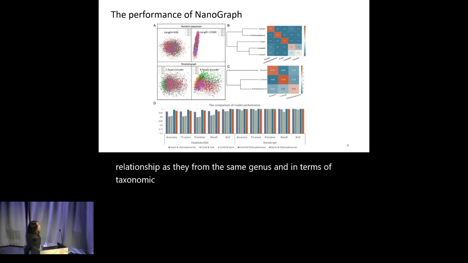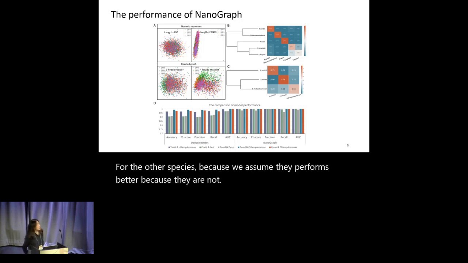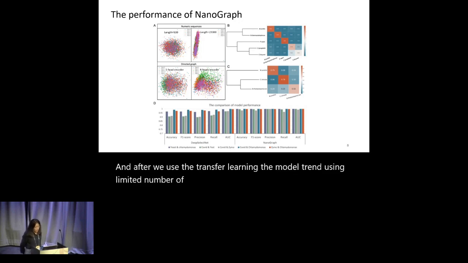For the other species, we assume they perform better because, for the top 2, they just share the same order instead of the genus. After we use transfer learning, the model trained using a limited number of real signals also shows some ability to classify the samples for now.